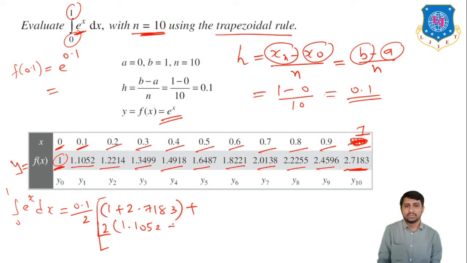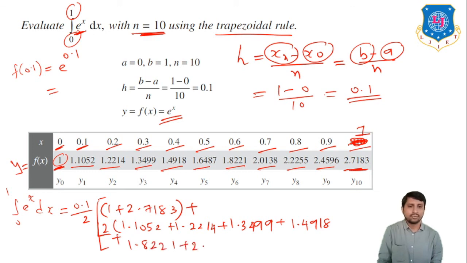So 2 into 1.1052 plus 1.2214 plus 1.3499 plus 1.4918 plus 1.8221 plus 2.0138 plus 2.2255 and plus 2.4596.